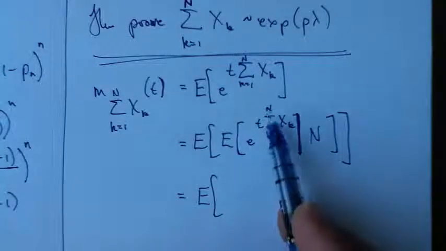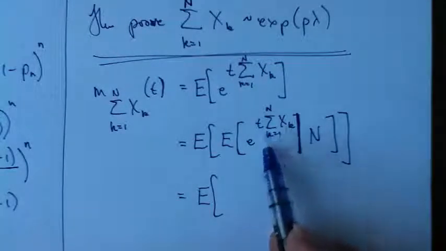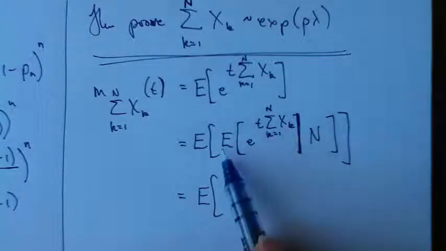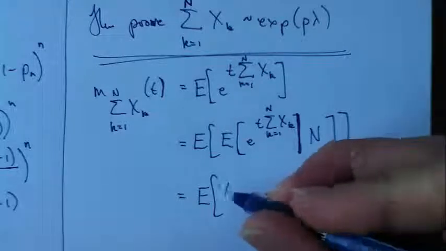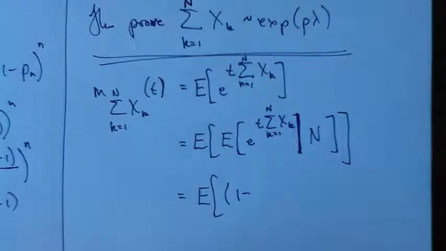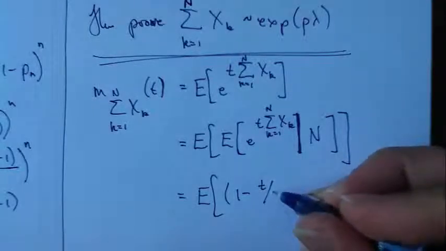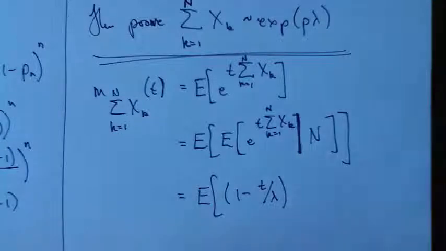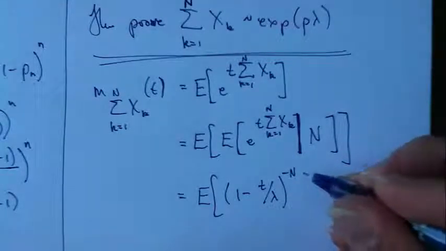If N is fixed, no longer random, then I've got a sum of exponentials. We've already established that that's gamma. So all of this is just the moment generating function, and I'm just looking this up in my book: 1 minus t over lambda, raised to the negative n.